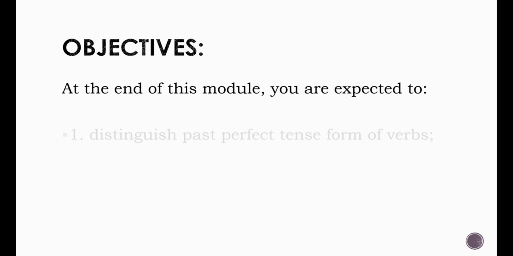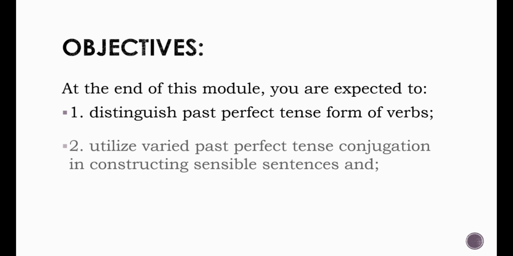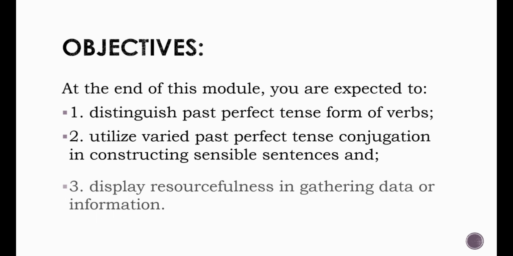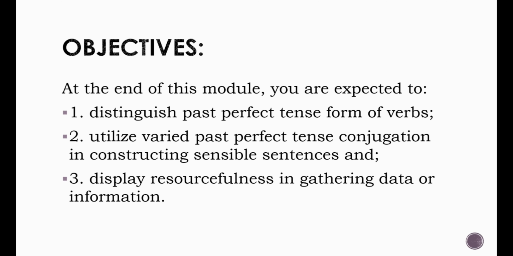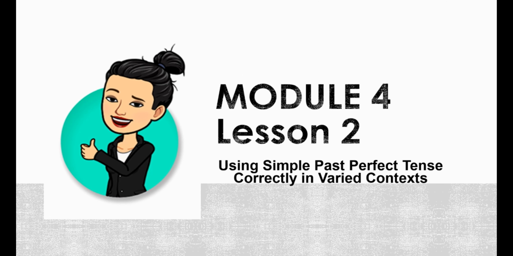So our goals at the end of this clip is that you'll be able to distinguish past perfect tense form of verbs, utilize varied past perfect tense conjugation in constructing sensible sentences, and display your resourcefulness in gathering data or information. And so with that, let's talk about Module 4, Lesson 2, using past perfect tense correctly in varied contexts.